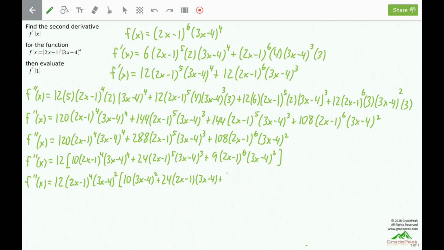And we will have a 9 times a 2x minus 1 squared. Now our next step, we can FOIL each of these out and distribute the numbers into them.